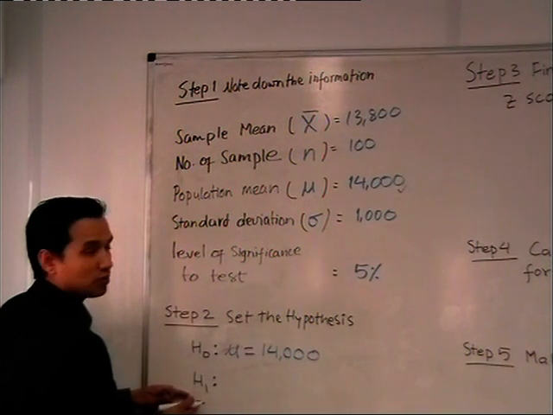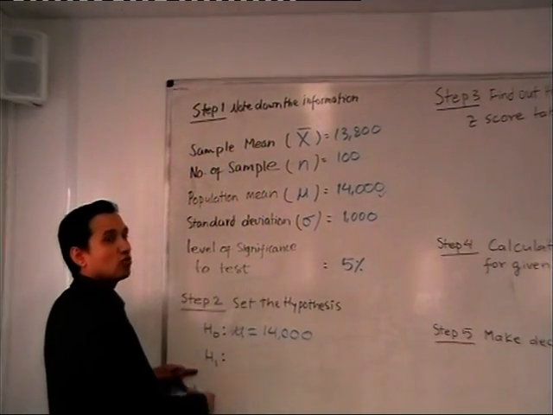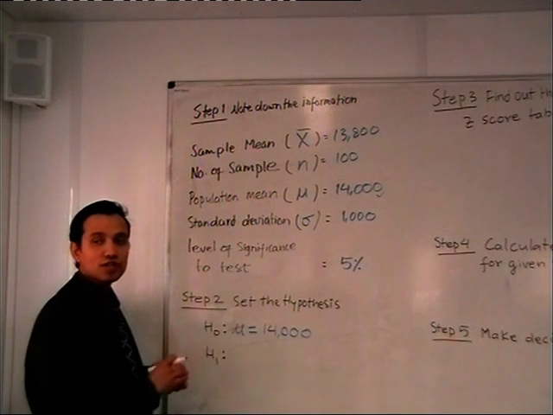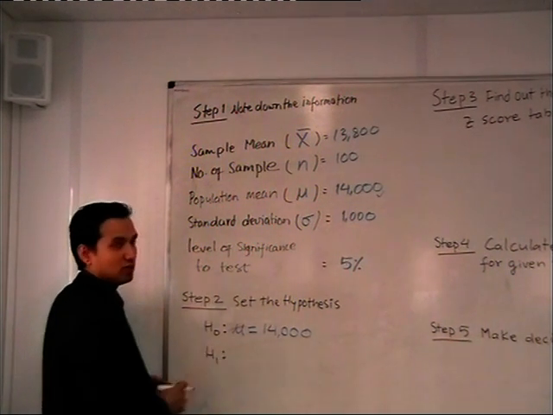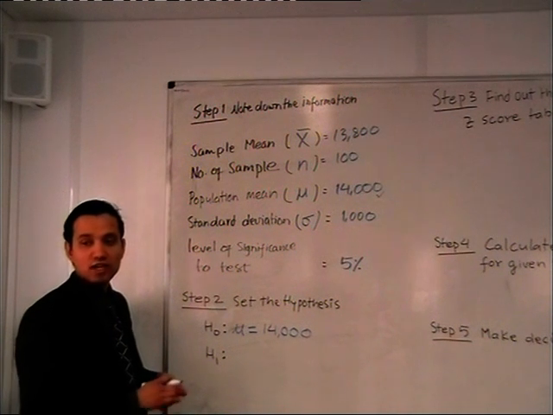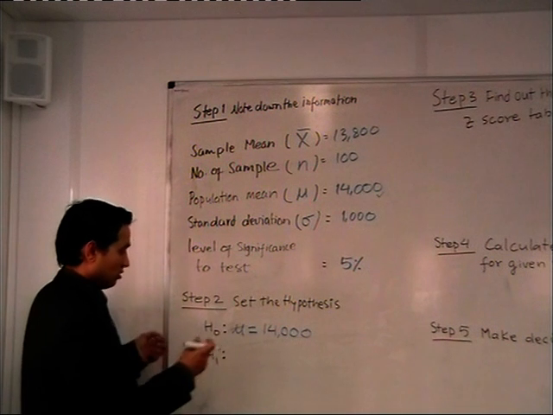In your alternate hypothesis, it is important to find out whether it is a 2-tailed or a 1-tailed test. This question does not say greater than or less than the population mean. It is basically asking if the claim of the manufacturer is right or wrong.